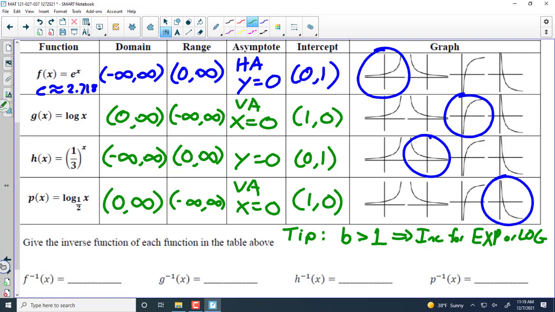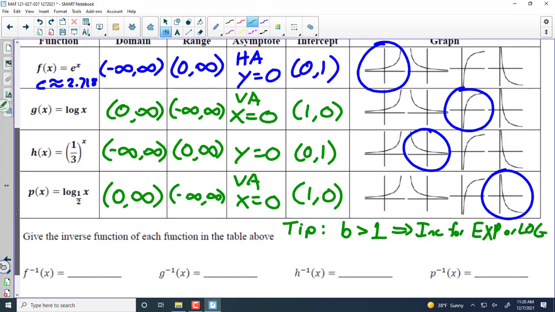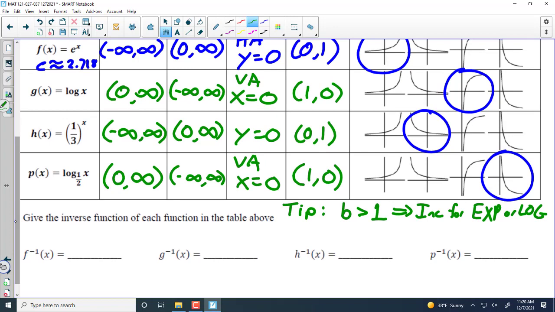Now, none of these up here are inverses of each other. But they all have an inverse function. They're all one-to-one functions. And the inverse of an exponential is a logarithm, and the inverse of a logarithm is an exponential with the same base. So, everyone, see if you can write down, if you haven't already, the inverse function for each one of these.